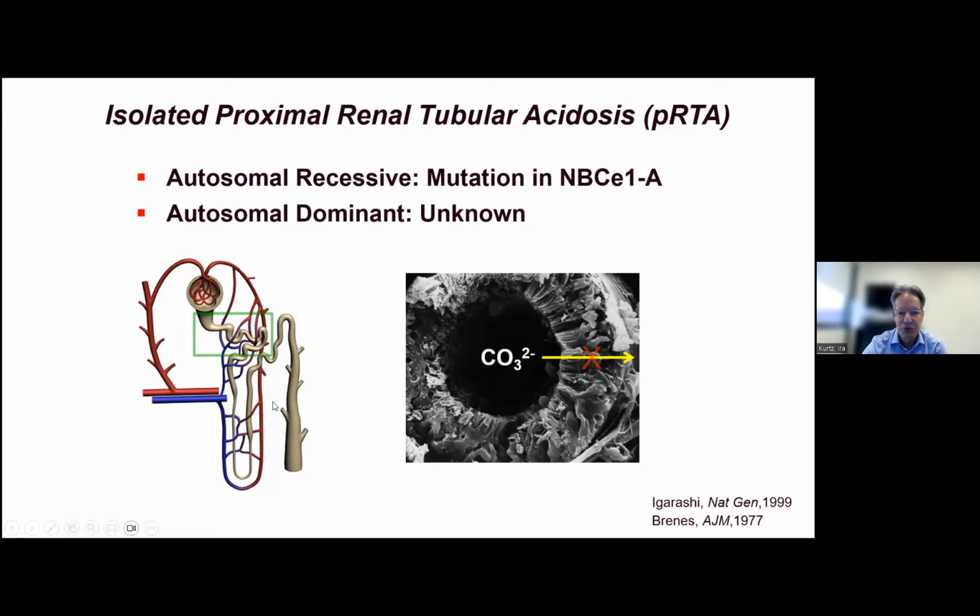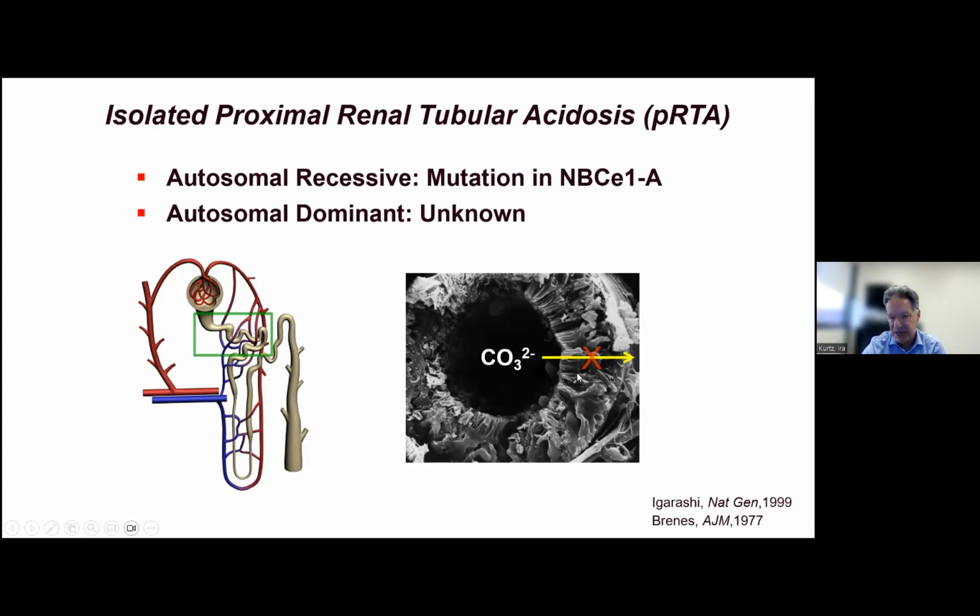And there was no other phenomenology. The rest of this is a scanning EM of the proximal tubule. This is looking at it from the lumen just after the glomerulus. This is the apical membrane where NHE3 is, and where the GPI anchored carbonic anhydrase 4 is. This is the basolateral membrane where NBCE1A is located, the K channel that I alluded to, and the sodium pump.